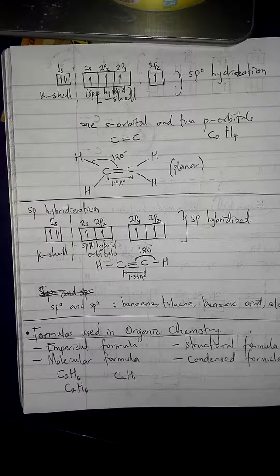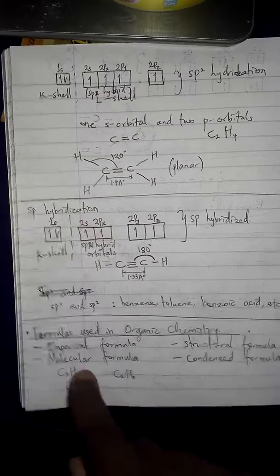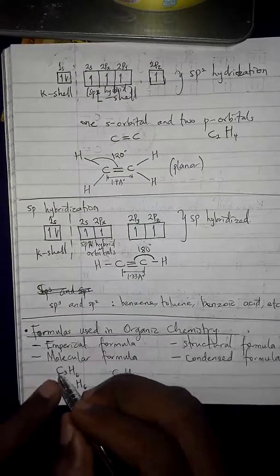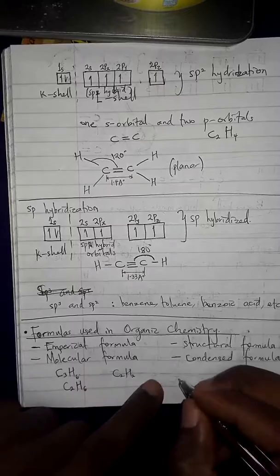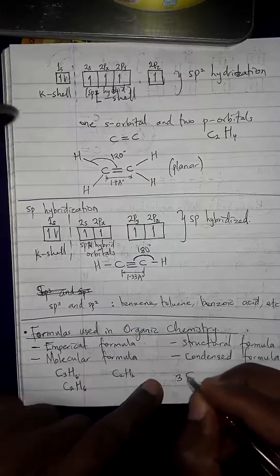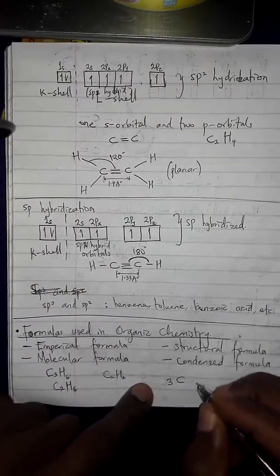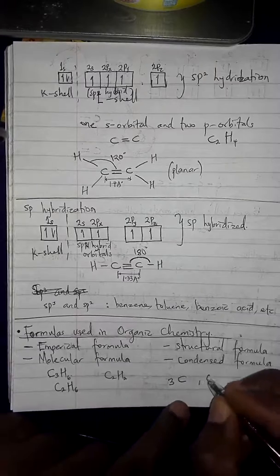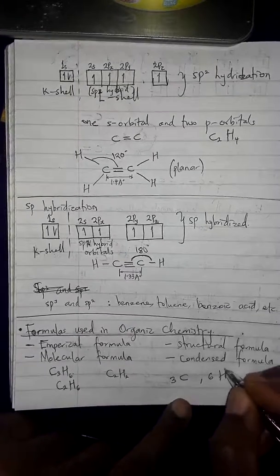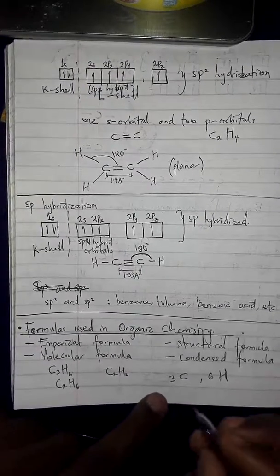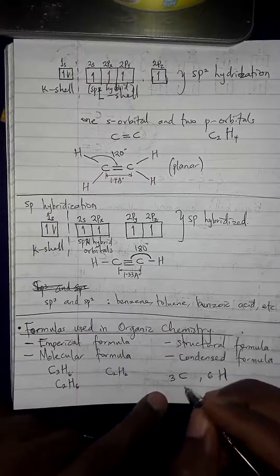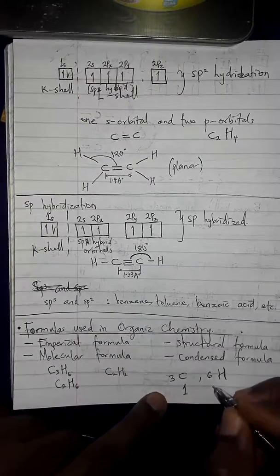empirical means the simplest ratio of combination of the elements in this compound. So what are the elements here? Carbon and hydrogen. You have 3 carbon atoms combined with 6 hydrogen atoms. What is the simplest ratio of combination? When you divide by the simplest, this is 1:2.